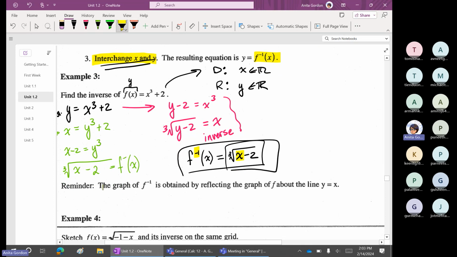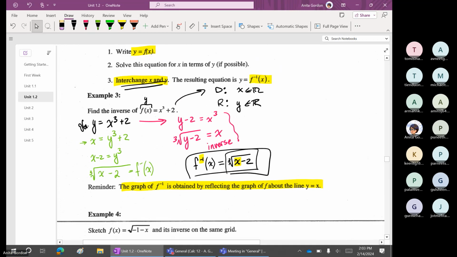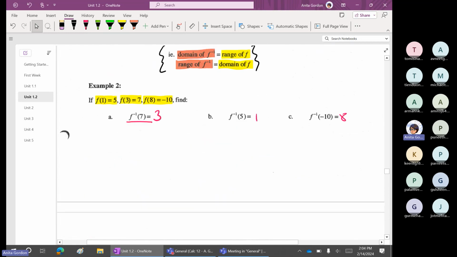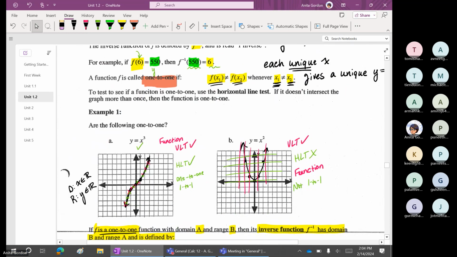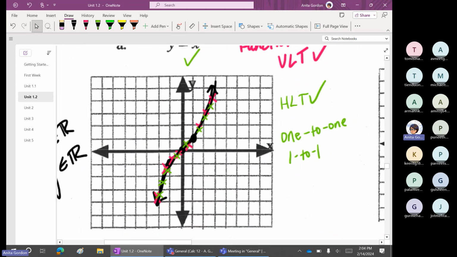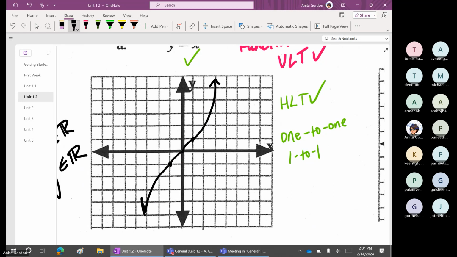We are reflecting this over the line y equals x. I'm going to do a visual demonstration. You don't need to flip back with me, but just watch the screen for a second. Here's the x cubed line, right? What does y equals x look like?